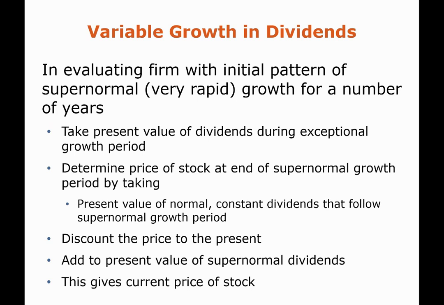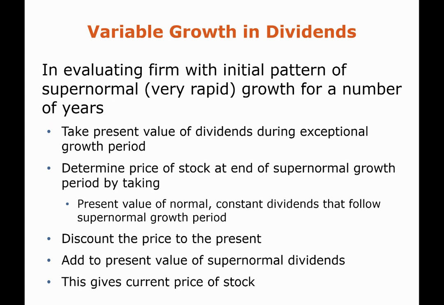So in assessing the value of common stock, where there is maybe some rapid growth in dividends, what we call the supernormal growth in dividends, and then of course maybe later on you have a constant growth. So how can we determine the value of the stock?